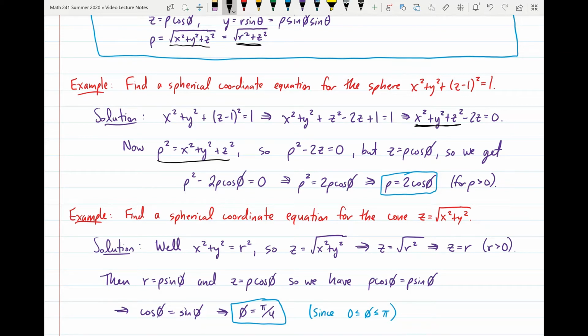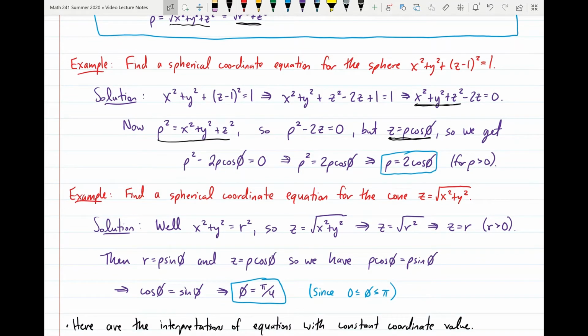And that'll give us rho squared minus 2z is equal to 0. But we also have an expression for z in spherical coordinates as well. We know that z is equal to rho times cosine of phi. So ultimately we get rho squared minus 2 rho cosine phi is equal to 0.